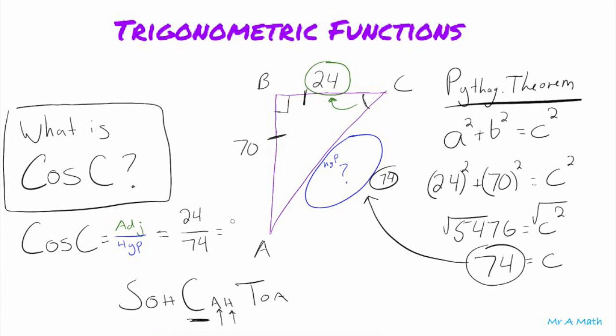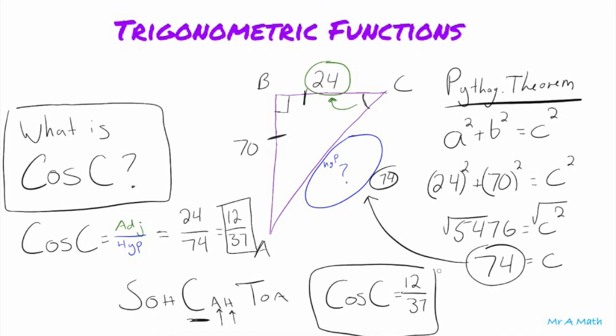If I divide the top and bottom by 2, I get 12 over 37. And 12 and 37 do not have any more common factors, so I cannot reduce this any further, which means 12 over 37 is the cosine of c. And this is my answer.